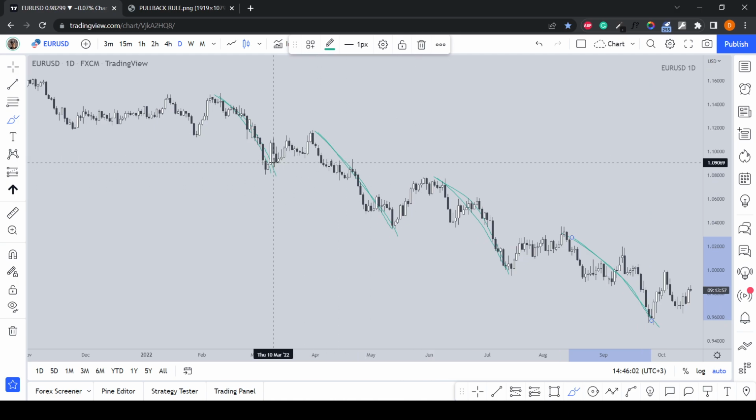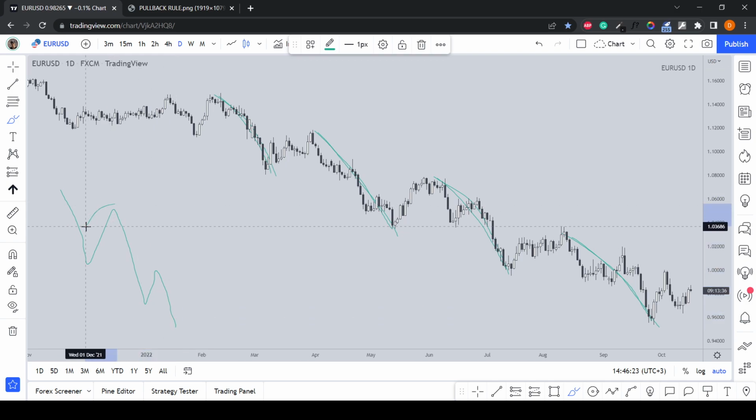And then for this person, pullbacks, so it's no secret that the market is not moving in a straight line, but instead it will move in some kind of impulse or a push, and then some kind of a pullback. Then impulse and a pullback and impulse.